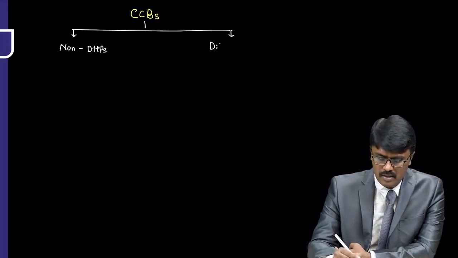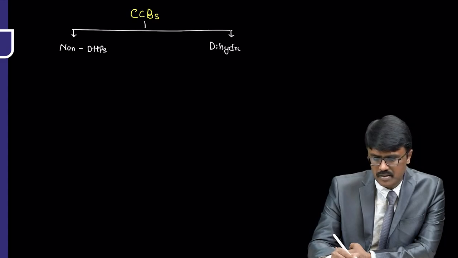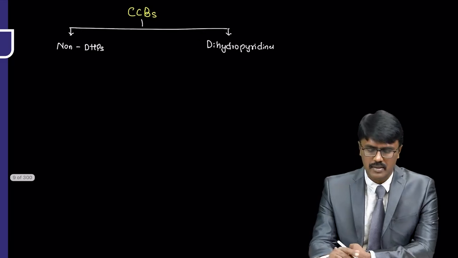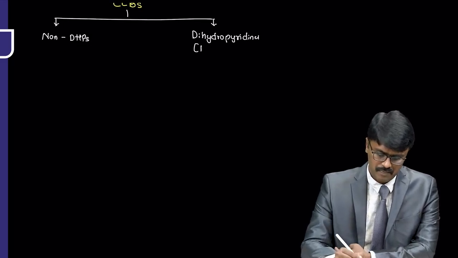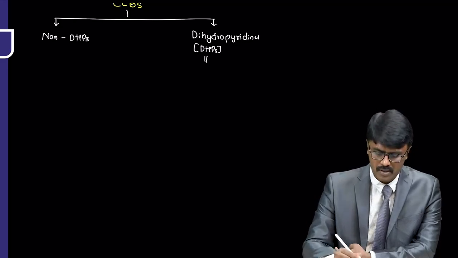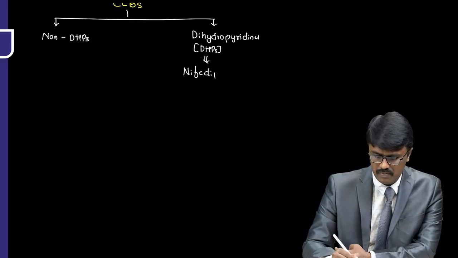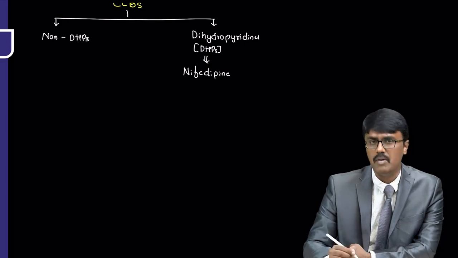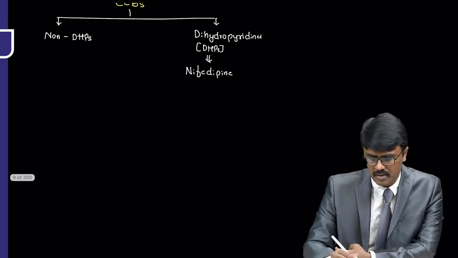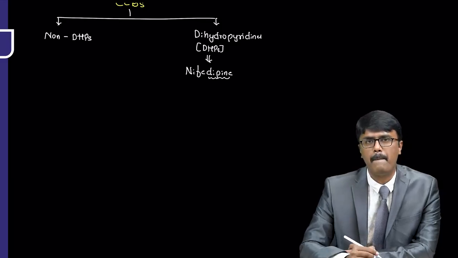They are called dihydropyridines, and in short I will be writing them as DHPs. And one important DHP drug I just want to tell you is nifedipine. So the name is nifedipine. And remember, all these dihydropyridines end with dipine.